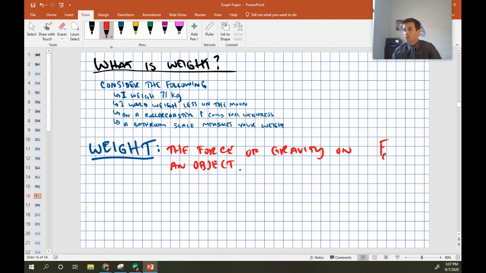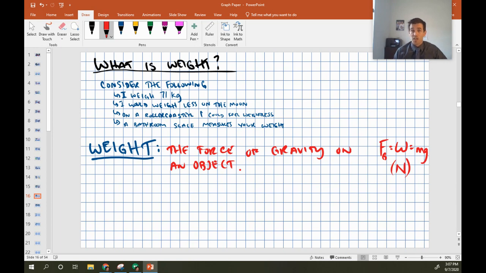That means that force of gravity is equal to weight, which is equal to mg. That means weight is always going to be accurately measured in newtons because it's a force measurement, nothing else.